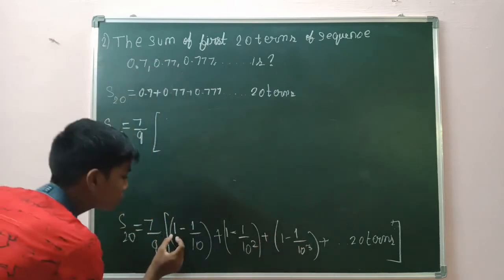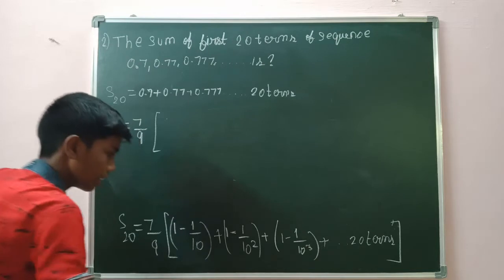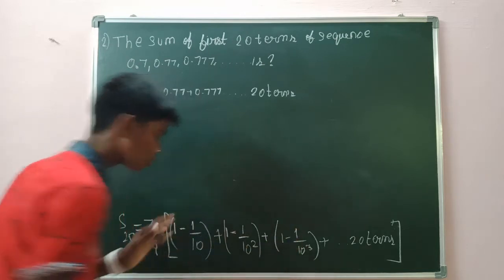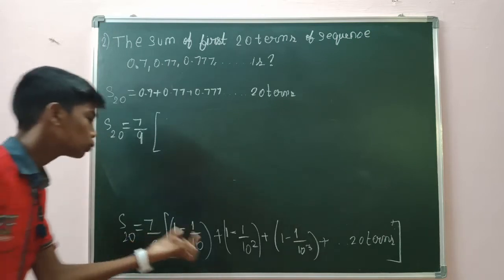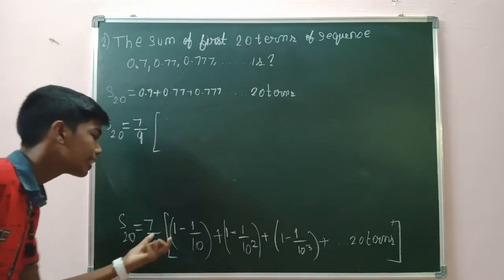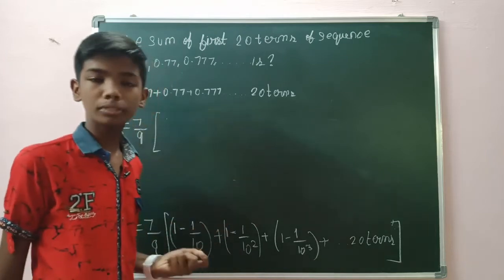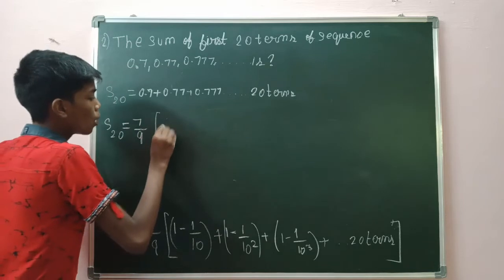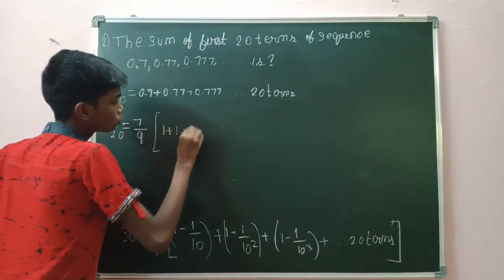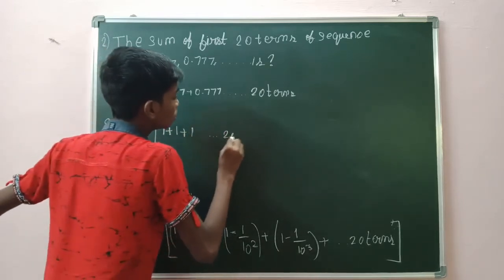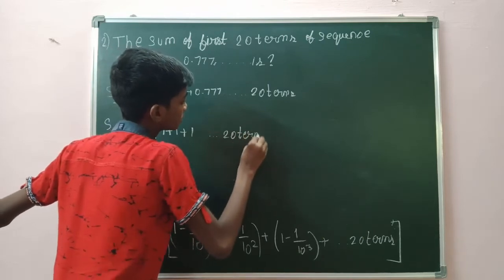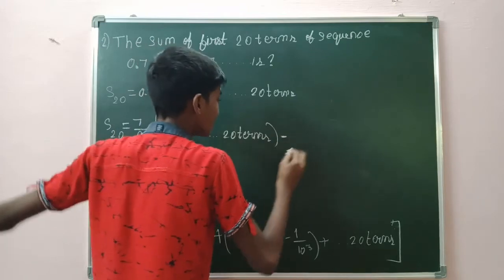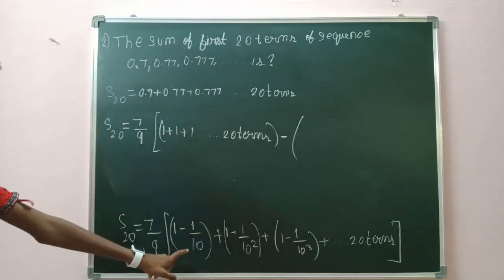Let me consider all the 1s. Please don't focus on 1 by 10, 1 by 10 square, 1 by 10 cube. Don't focus on that, except that, focus on this 1. When you focus on this 1, it shows that 1 is repeated up to 20 times. That means 1 plus 1 plus 1 all the way up to 20 terms. Correct? Then I will put minus, and what are the terms that are left out?